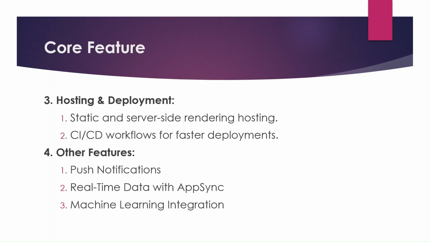You can easily deploy it, and it will provide a CI/CD workflow for faster deployment. So AWS Amplify automates the process of deploying updates to your application whenever you make changes, ensuring they go live quickly and reliably.